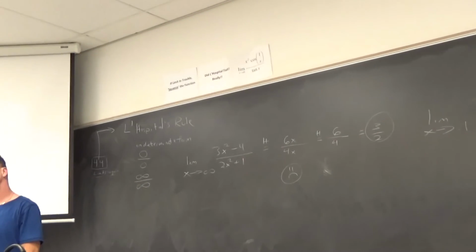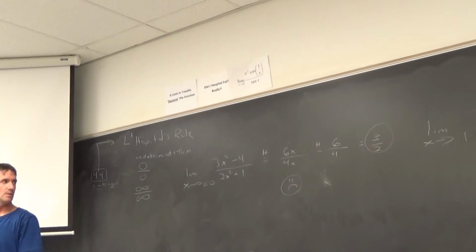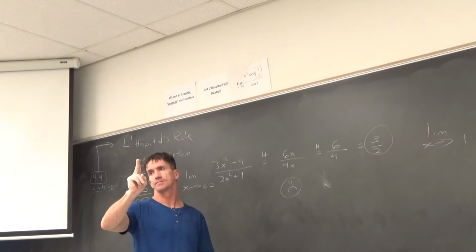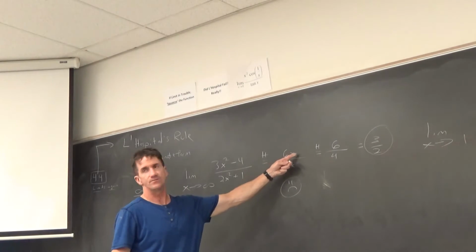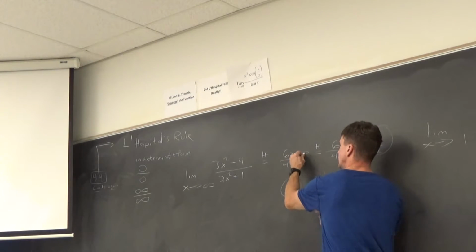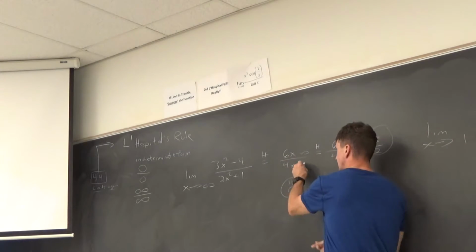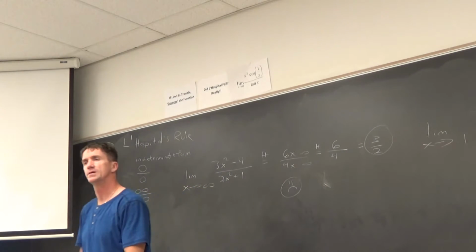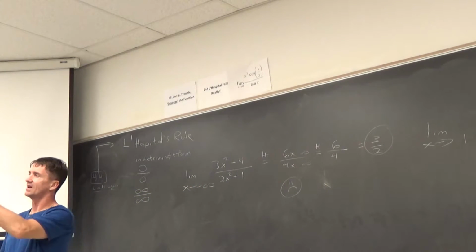Amber, do you remember if you got that one? What would you do after 6x over 4x? Oh, I actually applied L'Hopital's rule a second time, because I had infinity over infinity, 6 times infinity over 4 times infinity. I had this again, and I can just do another round of L'Hopital. Oh, then you got the 3/2.